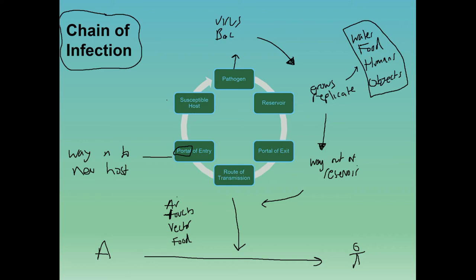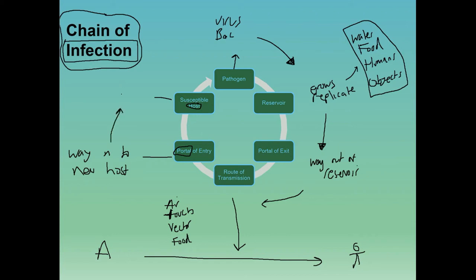Now, the host has to be susceptible. So if infection and disease is going to happen, then a susceptible host needs to be found. Some pathogens may find themselves in a particular person that might not even cause infection or disease. So that host has to be susceptible, receptive to the pathogen.